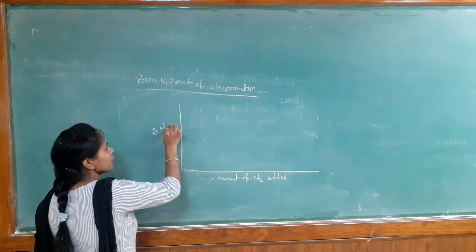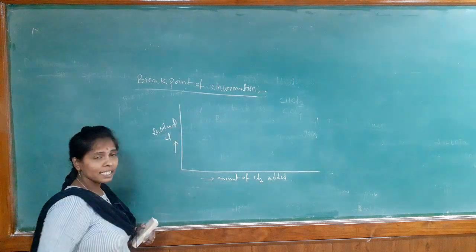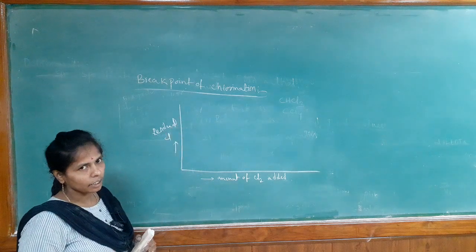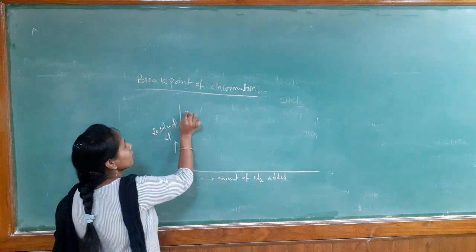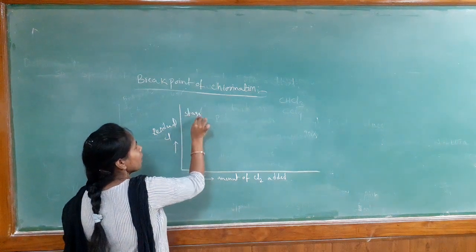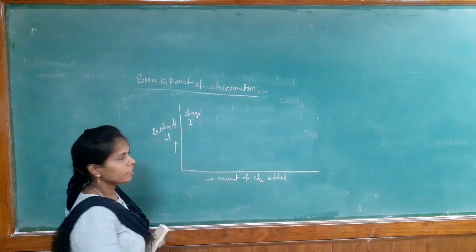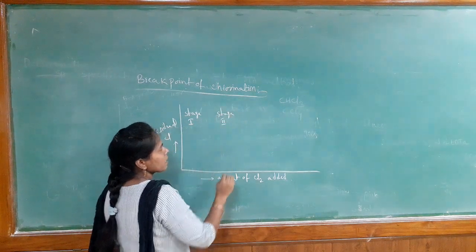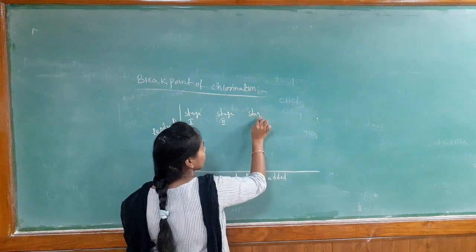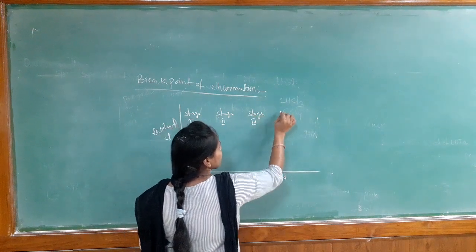You know what residual chlorine is? Residual chlorine is nothing but either free chlorine or the combined chlorine. So, here we have 4 stages. This is stage 1, this is stage 2, this is stage 3 and this is stage 4.